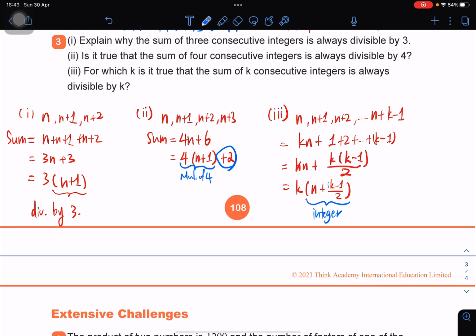It is when k - 1 is a multiple of 2. So k - 1 has to be a multiple of 2, which means that k - 1 is an even number, which means k has to be an odd number. So, when k is odd, that's the answer. Okay, so that's for question 3.